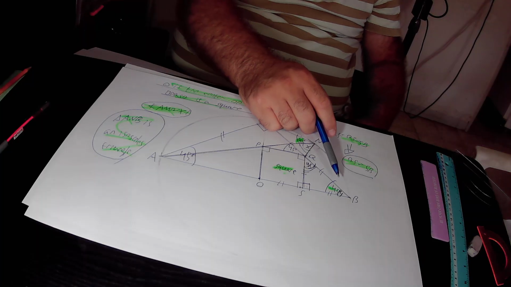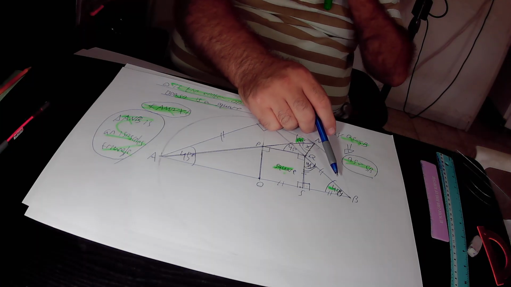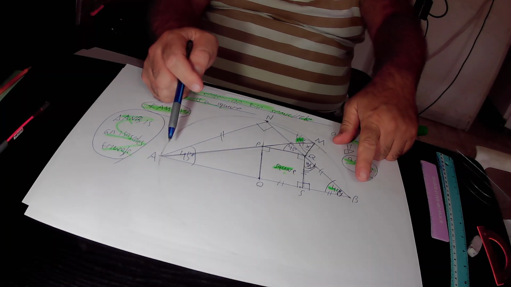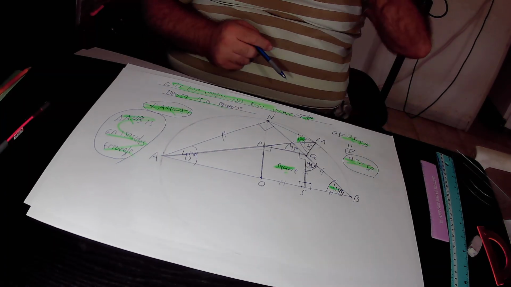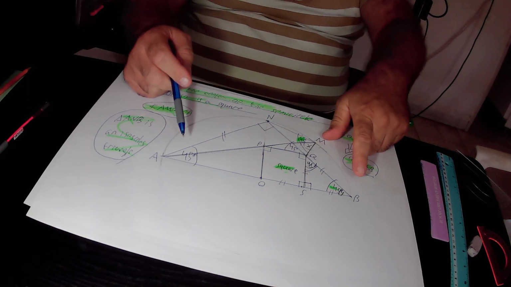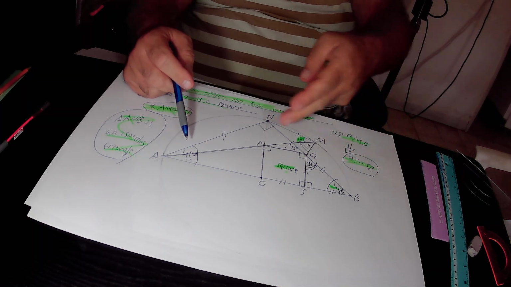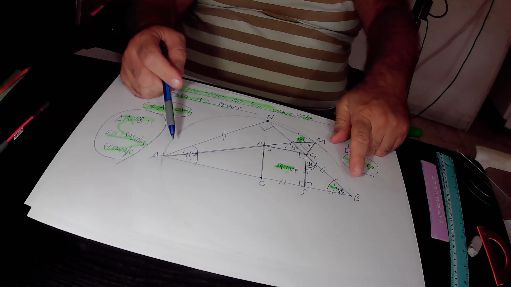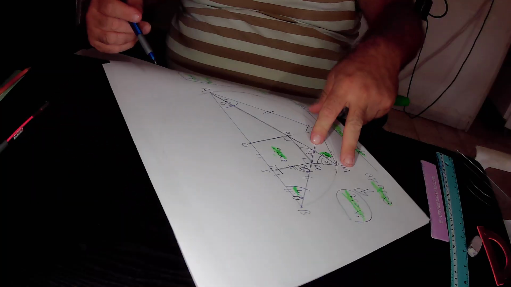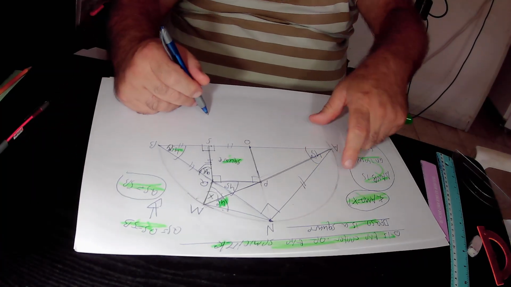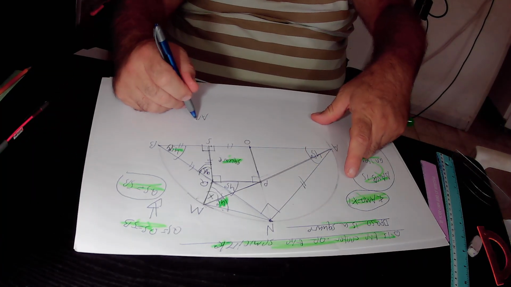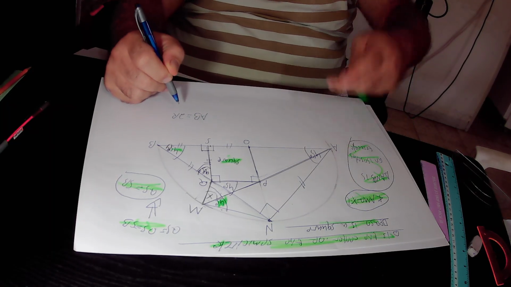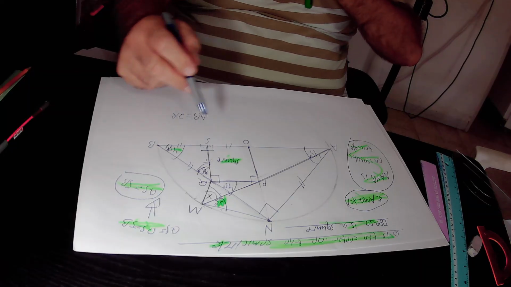So AB is simultaneously the diameter of this semicircle and the base of this isosceles triangle. If the radius of this circle is R, then the diameter AB must be equal to 2R. So AB, the diameter of the semicircle, is equal to 2R, and AB is also the base of isosceles triangle ANB.